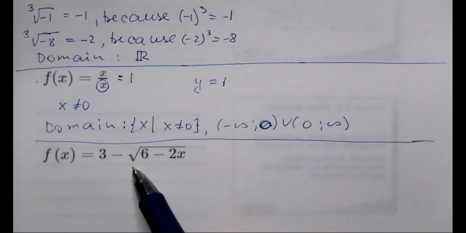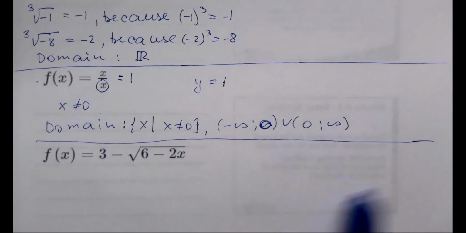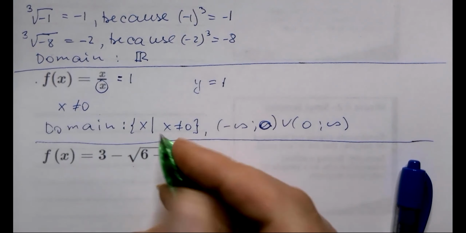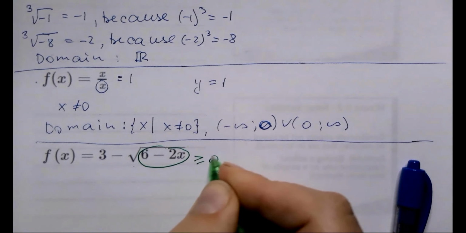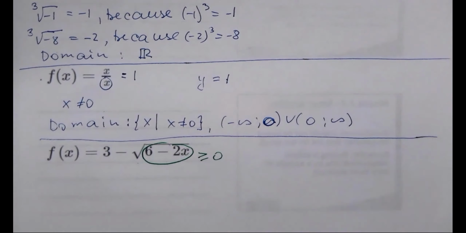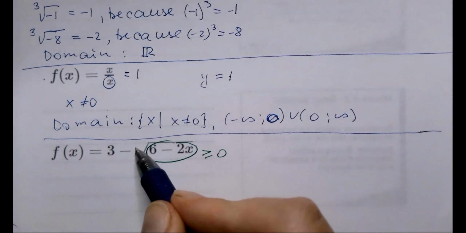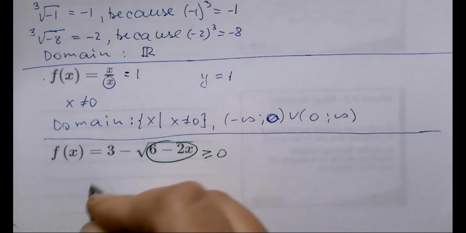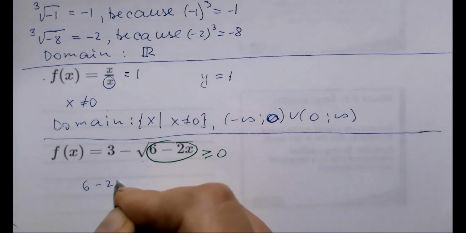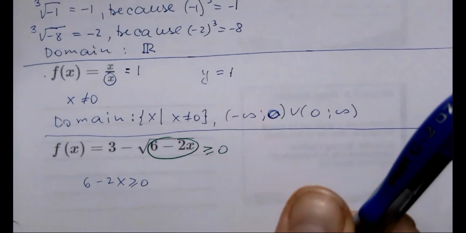But again, we're looking at a radical function, a square root. And this means that the value inside of the square root should never be negative. So this value inside should always be greater than or equal to 0. Like always with radicals with even indices, we take whatever's inside and set it greater than or equal to 0, solve it, and that's going to be your domain.